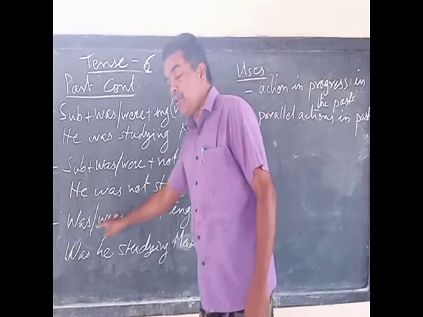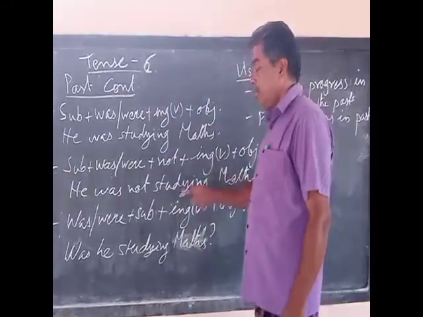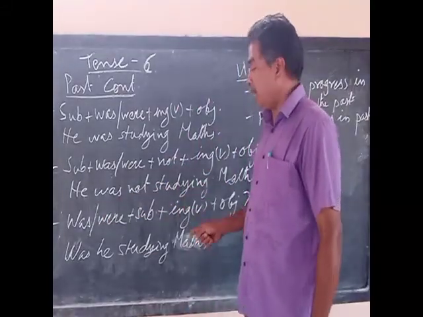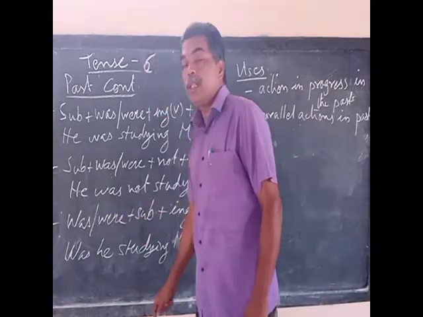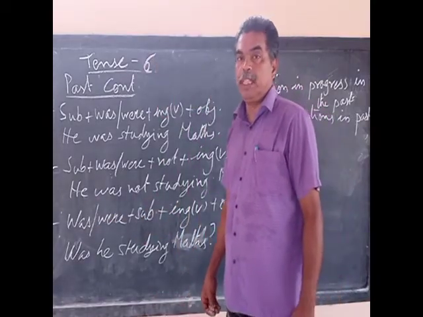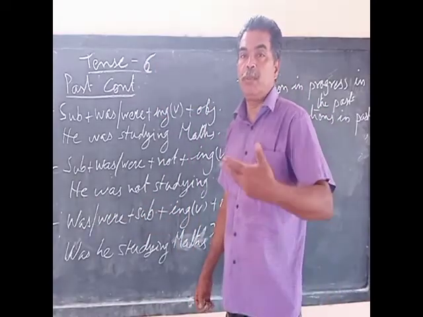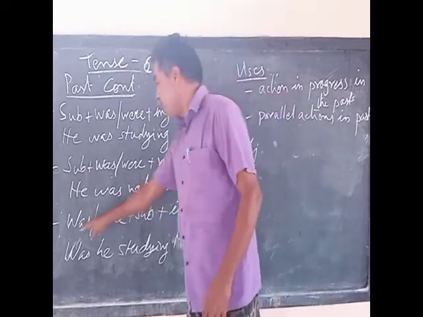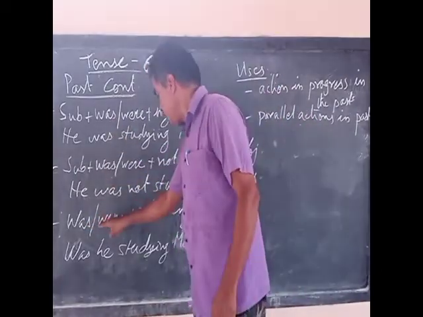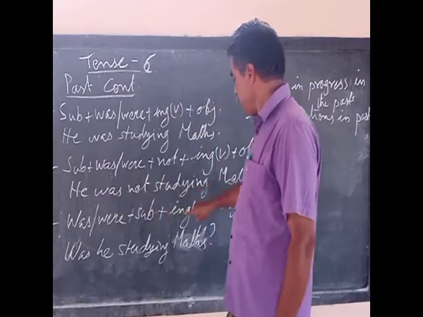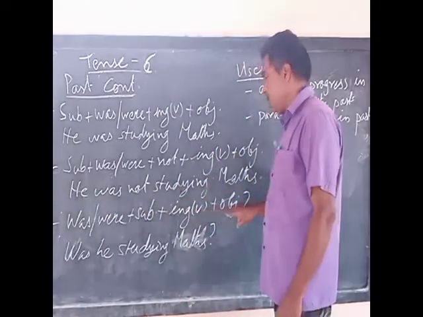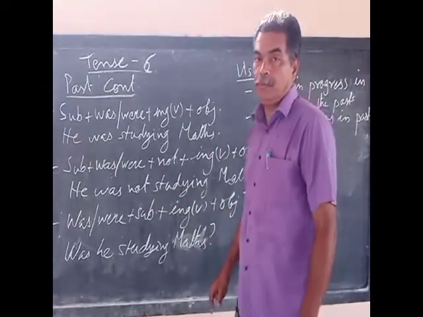Fine. Next one is the question. That also we saw in the previous tenses: when we studied, one part of the verb comes before the subject. That is what we say for the question form: the verb comes before the subject. So was or were, as we saw here, plus subject plus ing of the verb and object, with the question mark.